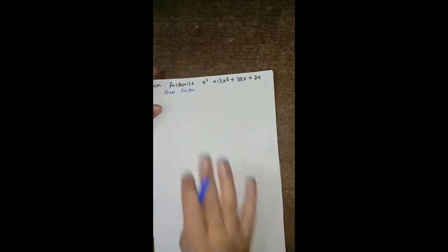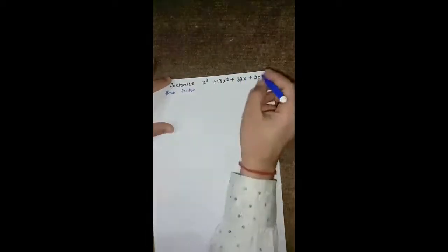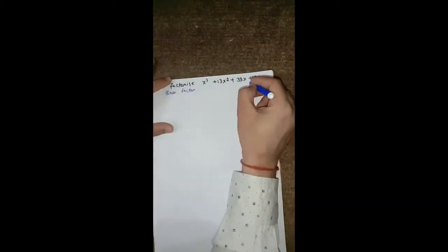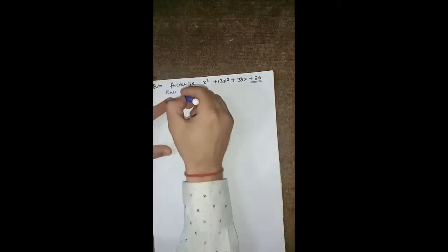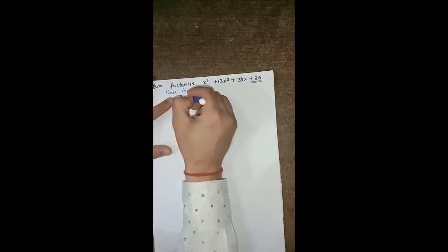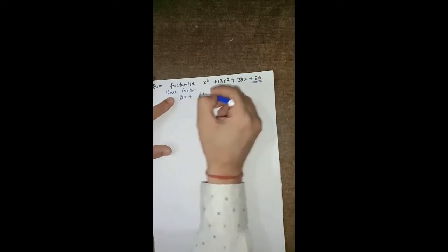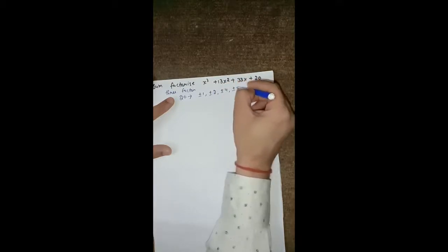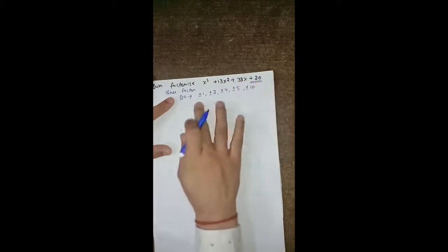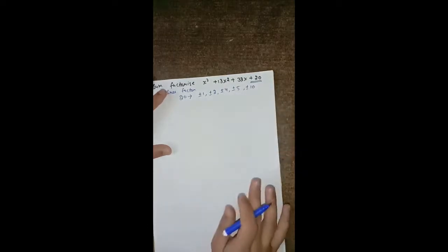Now for solving a cubic equation, first find the factors of this 20. Here the factors of 20 are plus minus 1, plus minus 2, plus minus 4, plus minus 5, plus minus 10. These are the factors.